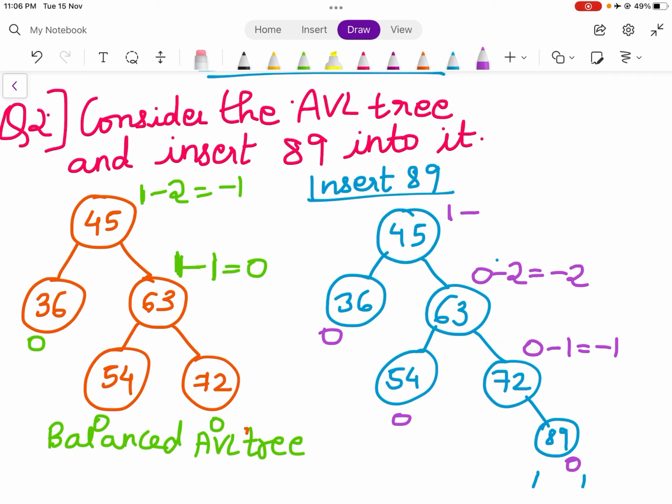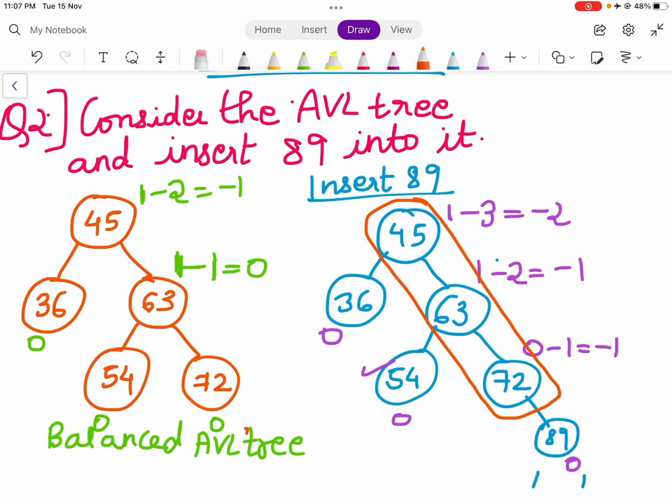Sorry, this will be 1 minus 3, that is minus 2, and this will be 1 minus 2 because 54 is there, so this will be minus 1. Now I will perform the right rotation.